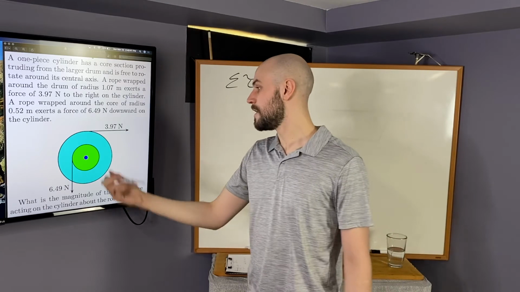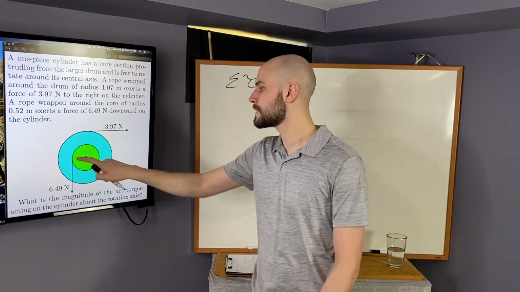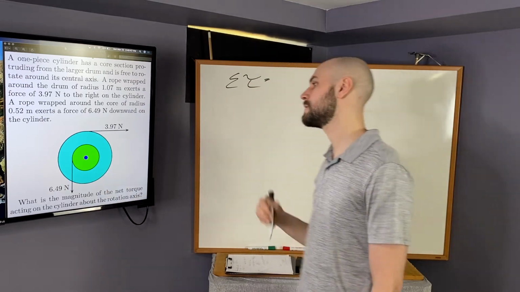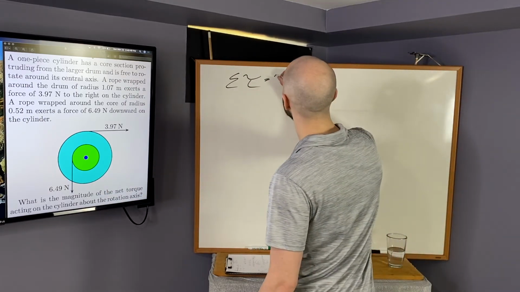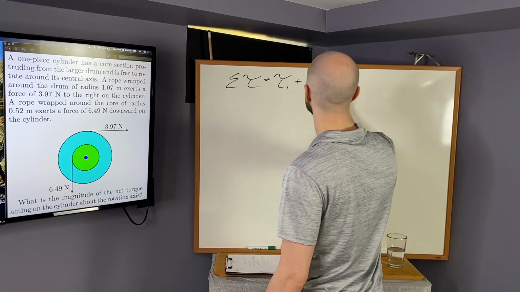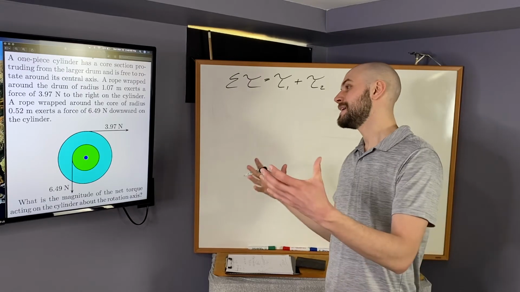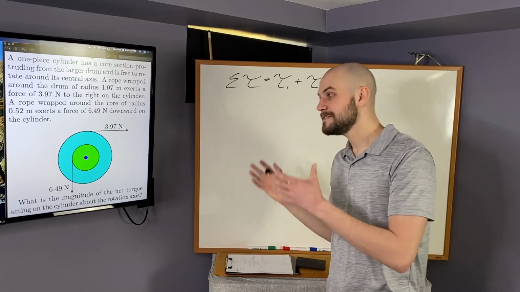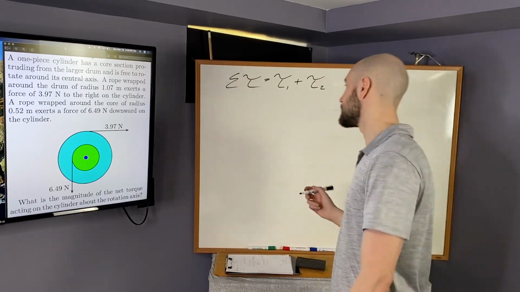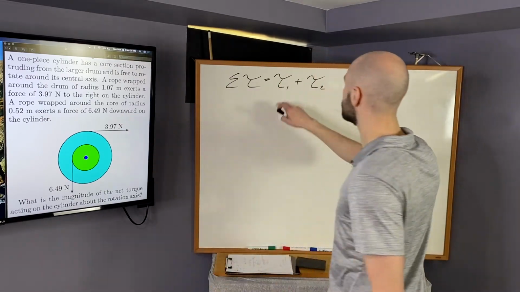on our drum here. So we could call this top one torque 1, and then this inner one torque 2. Torque 1 plus torque 2. And when we set up our equations, remember that clockwise is going to be negative, counterclockwise is going to be positive. So torque 1 is our upper torque here.